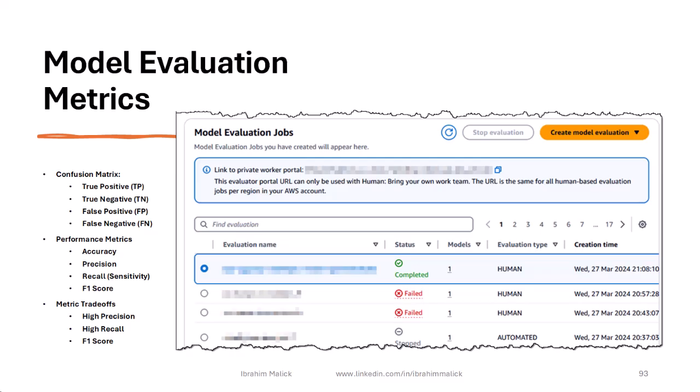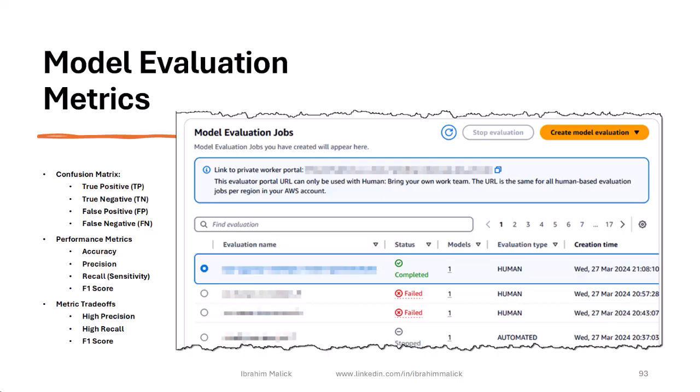Let me explain model evaluation metrics and break it down for you. Think of the confusion matrix as a report card for how well our model is doing at a classification task. It's a grid that shows us all the ways our model can be right or wrong. Let's break it down with a real-world example, like predicting if an email is spam or not. First, let's understand the four key outcomes we track.